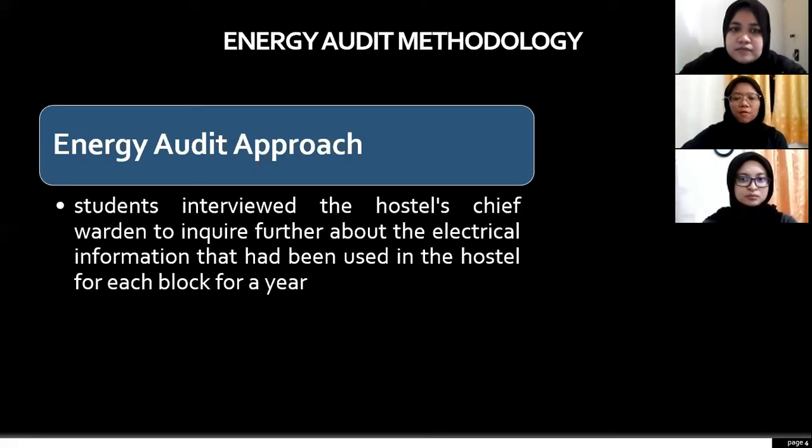Through the interview, the warden said that students frequently use lights and fans that require a lot of electricity consumption. Plugging in to charge laptops and mobile phones is also widely used. Toilet lights are installed for 24 hours and it is estimated that students use their room light for 7 hours. Next.